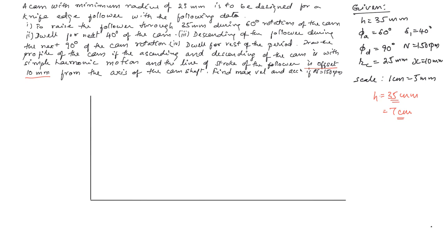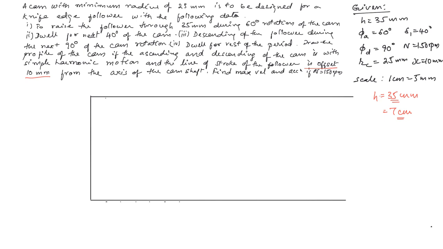Next, we have an ascent of 60 degrees. Whatever it is, 60 or 90, we will just take 6 divisions. We will draw the upper line also.